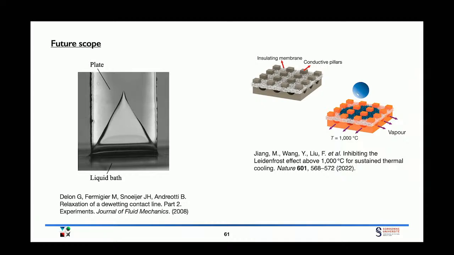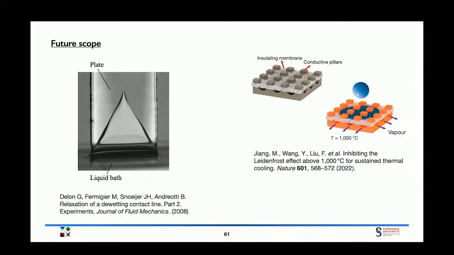This tip could release some tiny drops, or if you plunge it, it could release some tiny bubbles, which would have very interesting physics. This tip itself would have very interesting physics. That is of course one study, to extend our models to 3D.